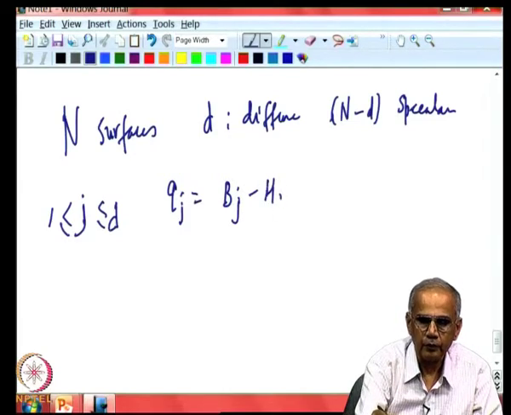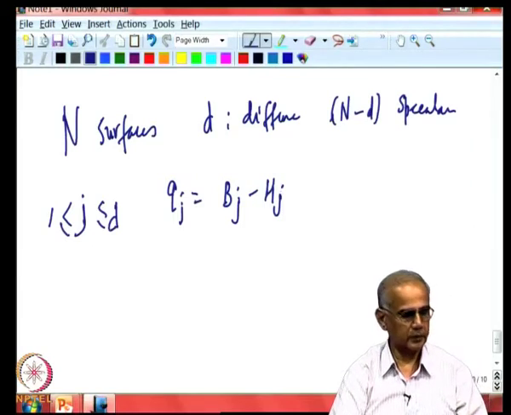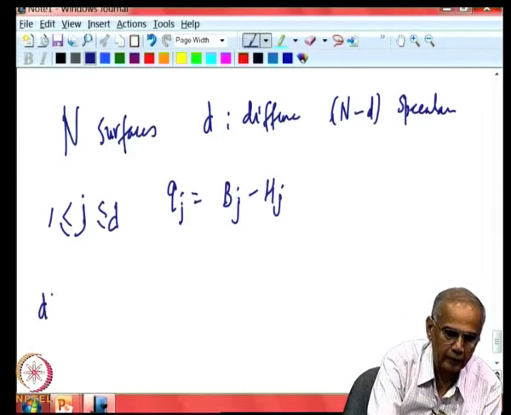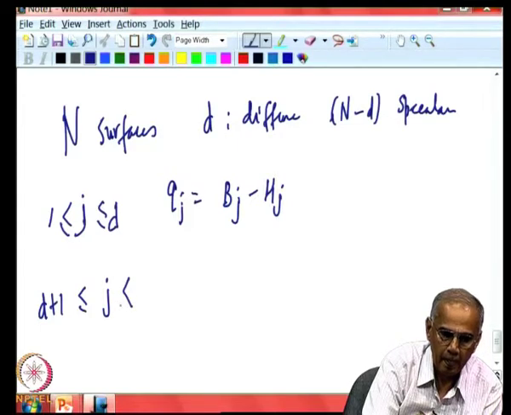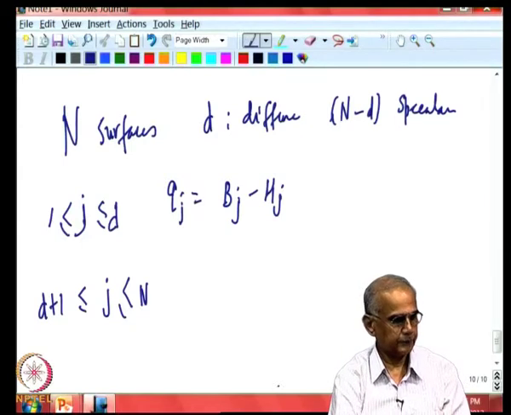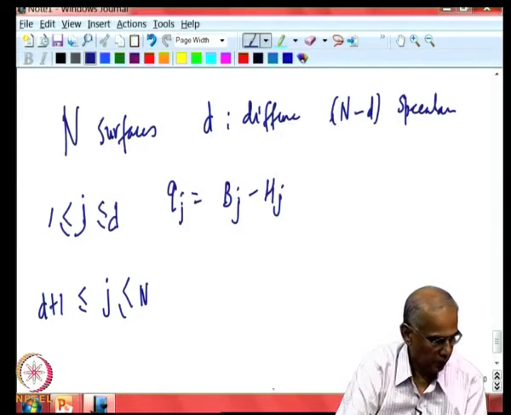So, you can define Q as radiosity minus irradiation, this is what we already covered. On the other hand, for the remaining n minus d specular surfaces, you have to treat the emission and reflection separately.